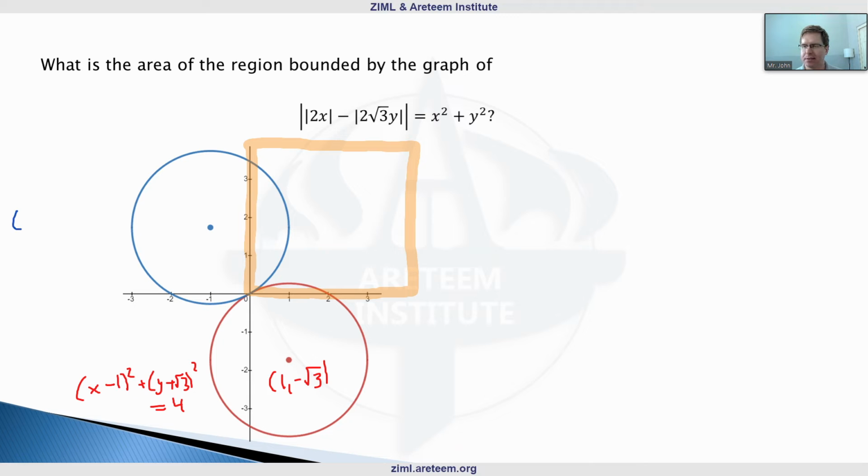So here we have (x plus 1) squared plus (y minus root 3) squared is equal to 4. That's again a radius of 2. And this point here is (negative 1, positive root 3). So pretty easy to see that they both contain the point (0, 0).